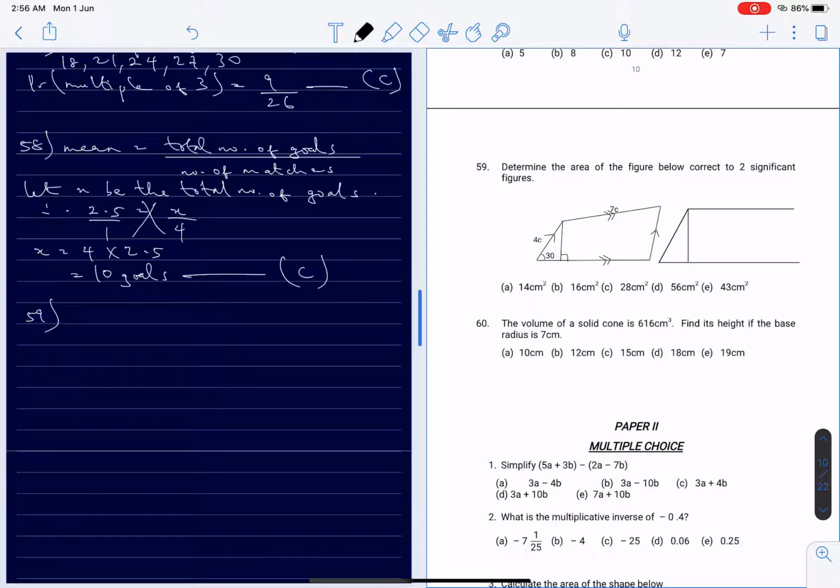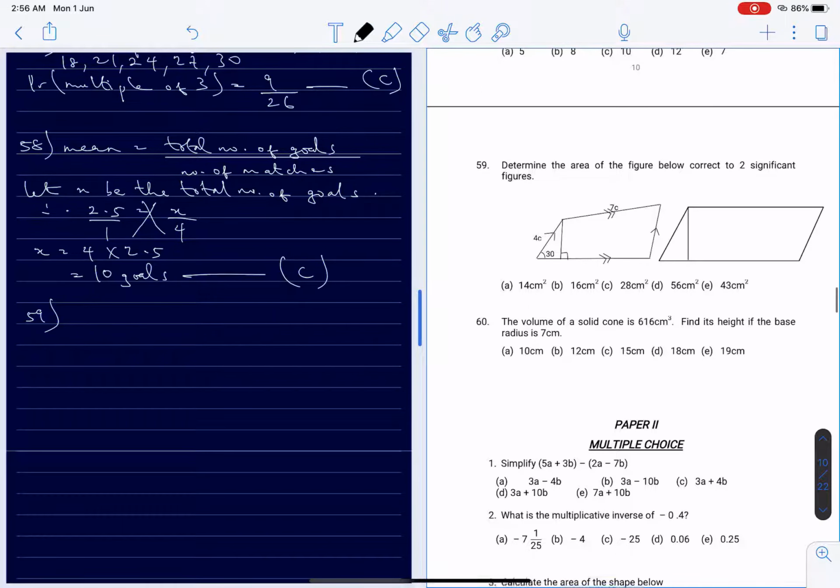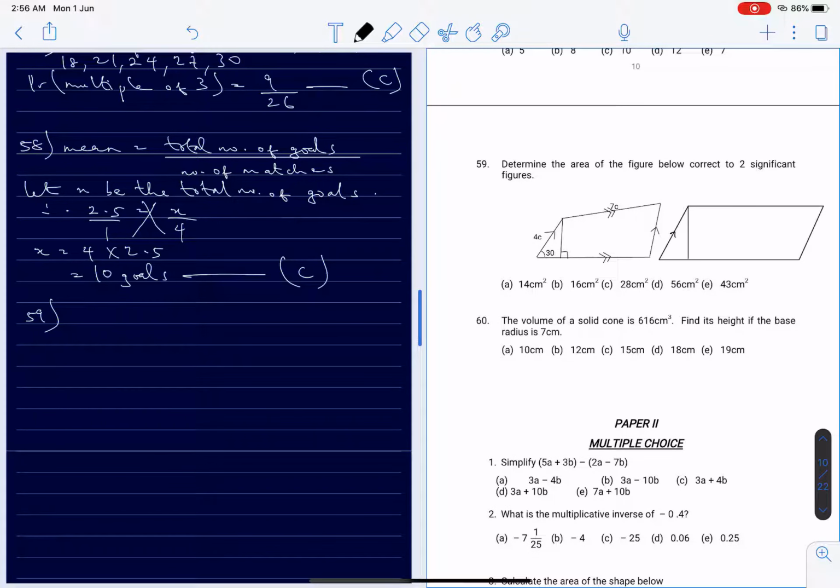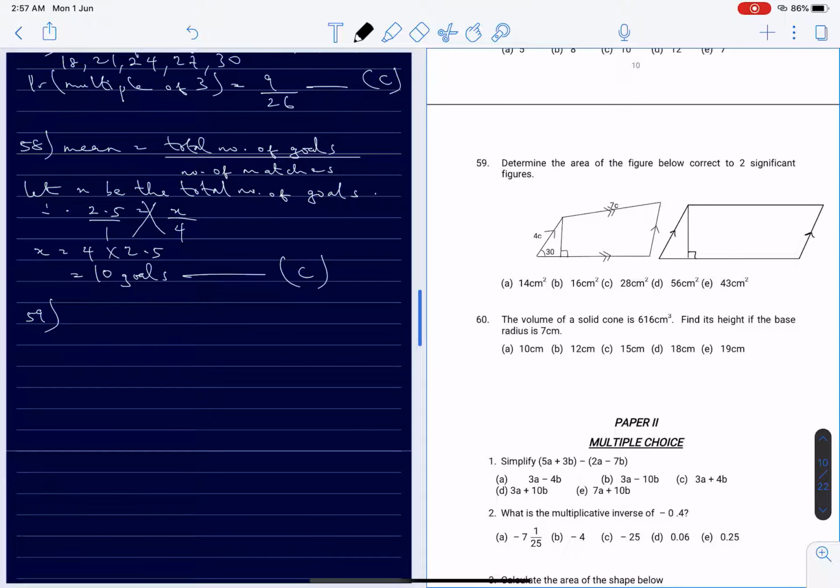It's a trapezium. One second, I need to get the diagram properly drawn. Let's see. This is parallel to this, and this is a perpendicular line.